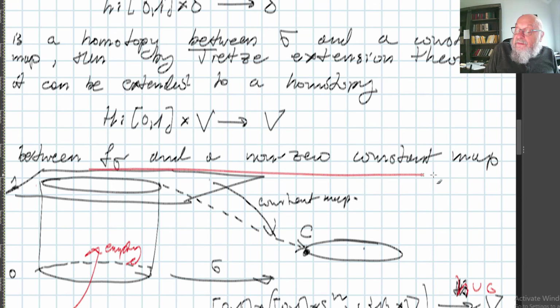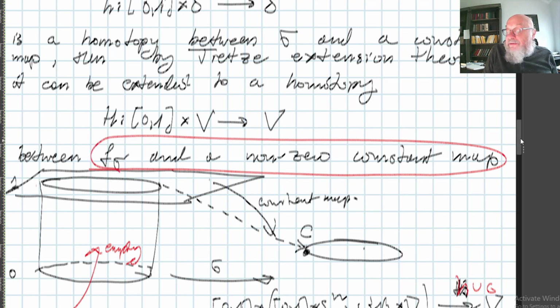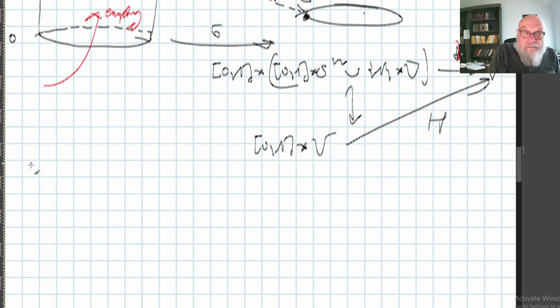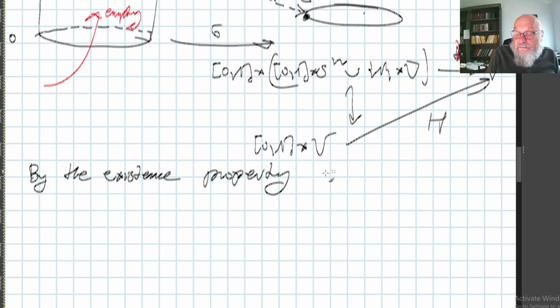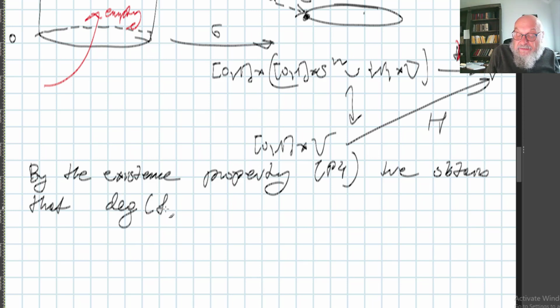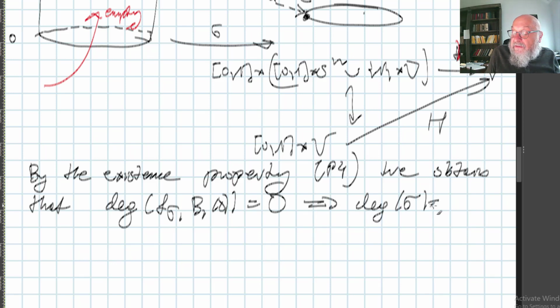By the existence property, I think it was P4, we obtain that if the map has no zeros, so the degree of f sigma on B1 0 is equal to 0, that implies that the degree of sigma is equal to 0. So that's good.